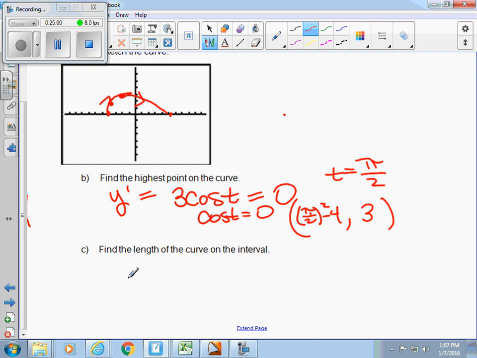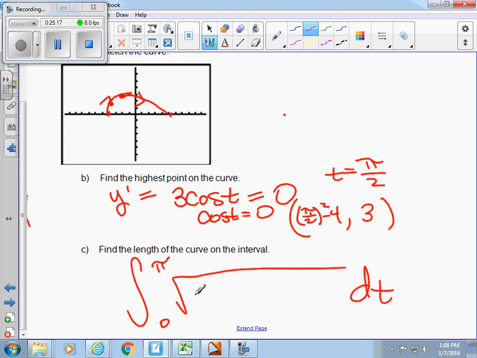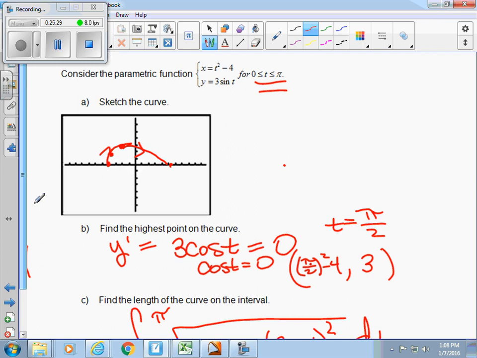It does say find the length, and so that probably will give us an insight into whether this was a calculator or a non-calculator question. The integral from 0 to pi of the square root of, I already know this one, so 3 cosine of t squared, and the other one, 2t.